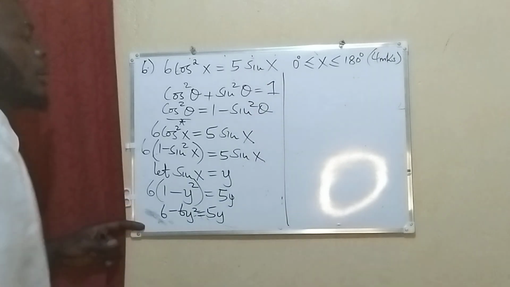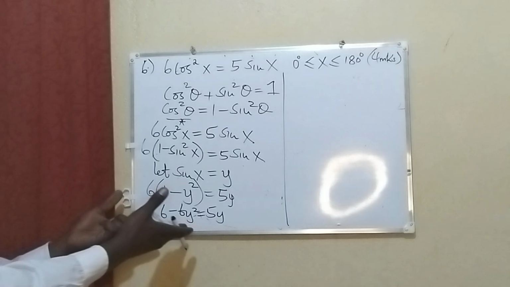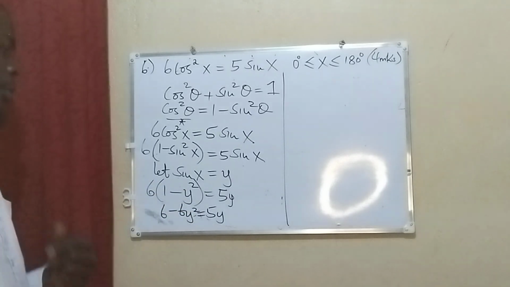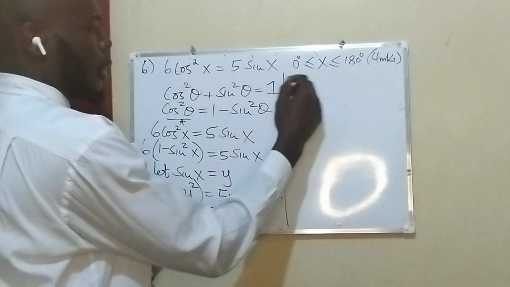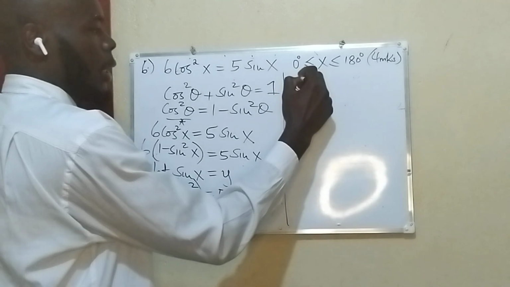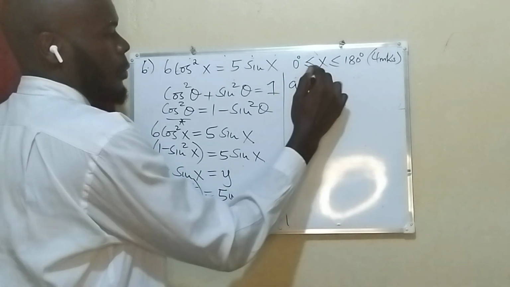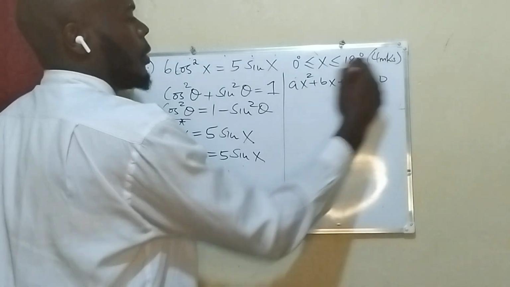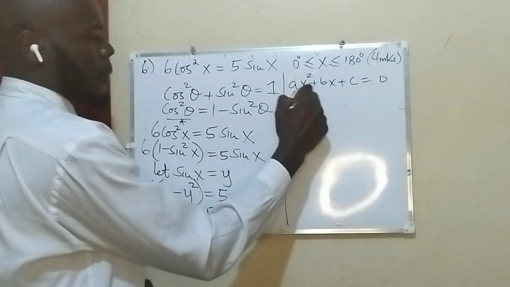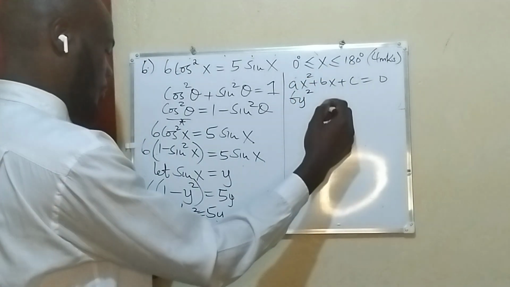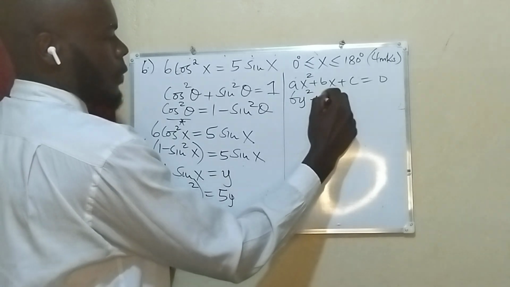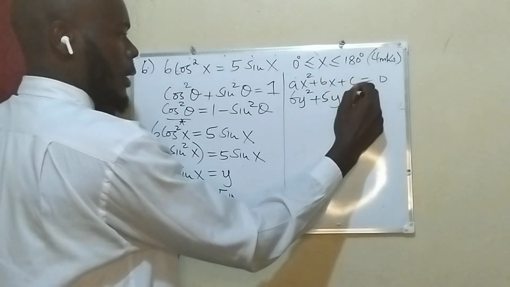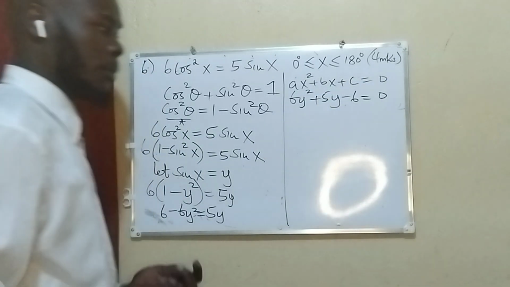So up to there, we are now moving on to another concept, the quadratic equation. Now you write your equation in the form of ax squared plus bx plus c. So now you'll have 6y squared plus 5y minus 6 is equal to 0.